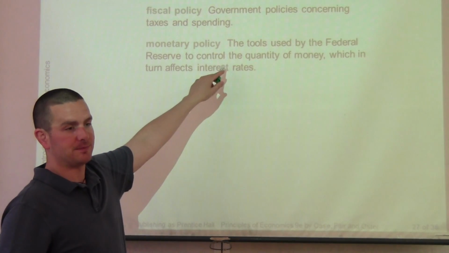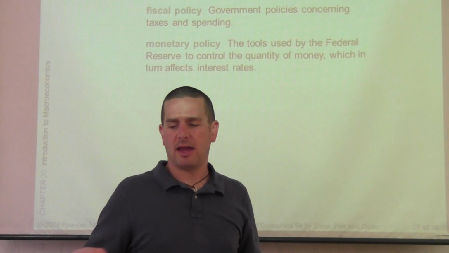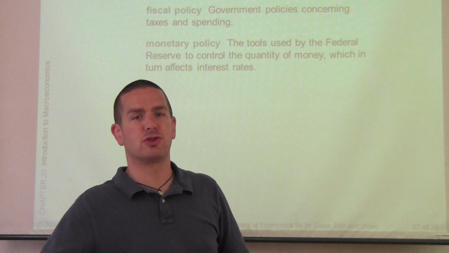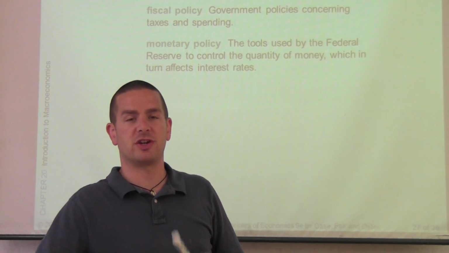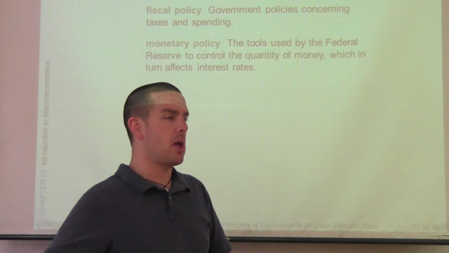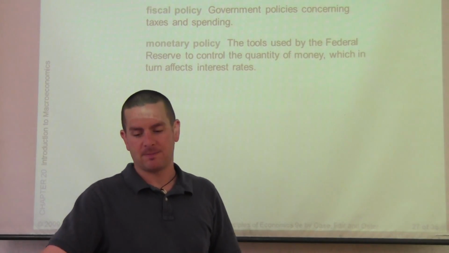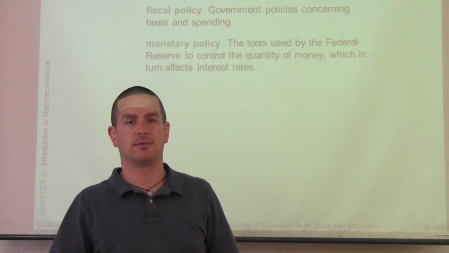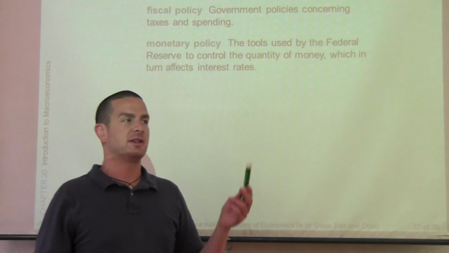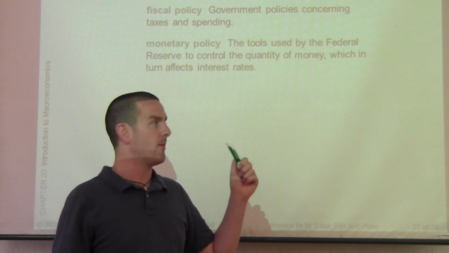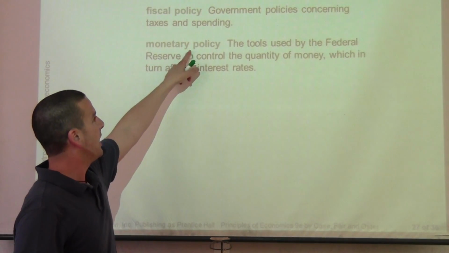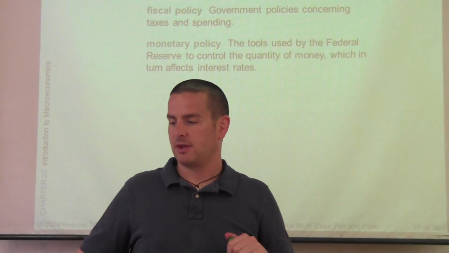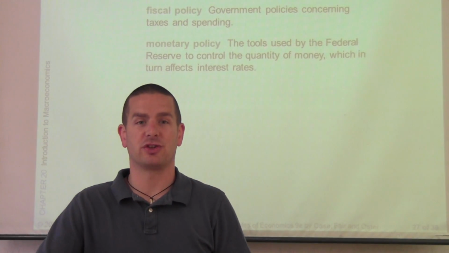Monetary policy, let's backtrack real quick. Fiscal policy is set by the United States Department of the Treasury. Monetary policy is set by the United States Federal Reserve, the central bank. The Federal Reserve sets monetary policy, and monetary policy is the tools by which the Federal Reserve sets the interest rate.